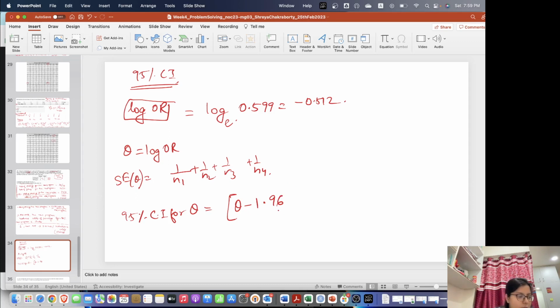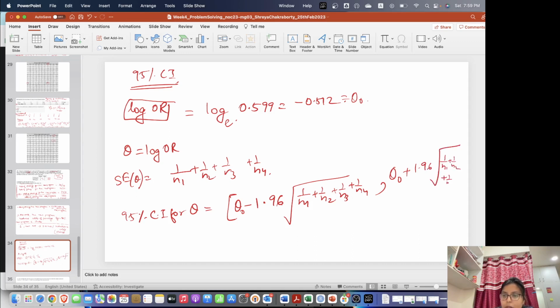So this is theta naught minus 1.96 root over 1 by n1 plus 1 by n2 plus 1 by n3 plus 1 by n4, to theta naught plus 1.96 root over 1 by n1 plus 1 by n2 plus 1 by n3 plus 1 by n4.